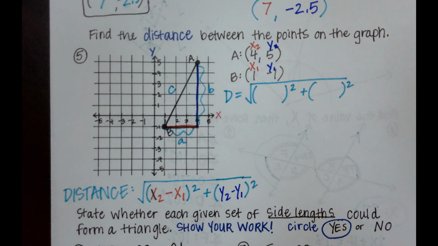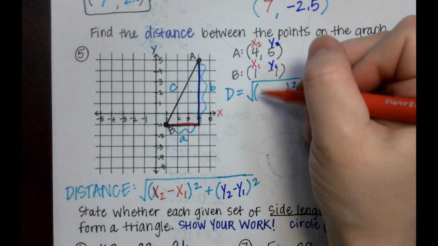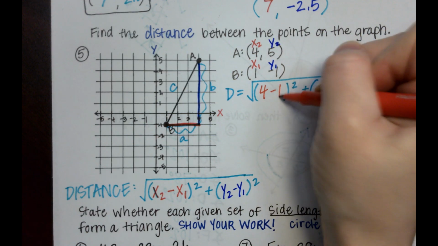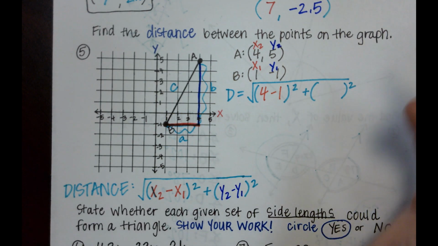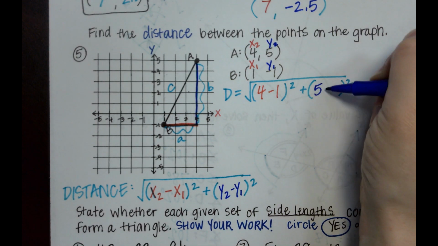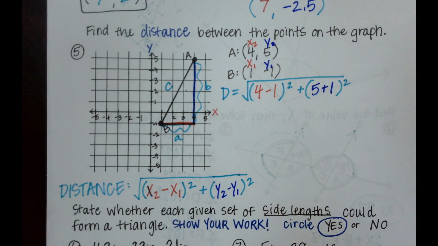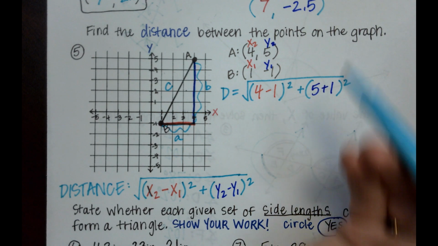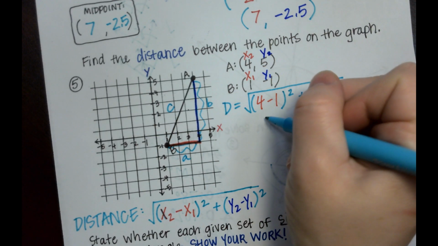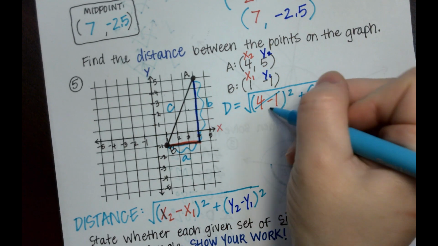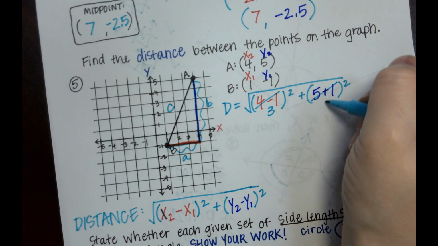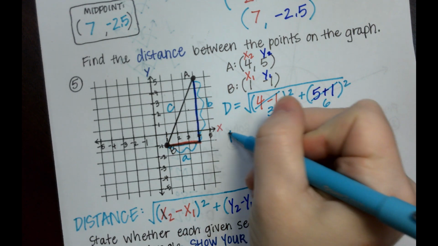So let's see, I'm going to rewrite what you just told me. 4 minus 1 is 3. 5 minus negative 1 turns into 5 plus 1. That's 6. So I have 3 squared and 6 squared.